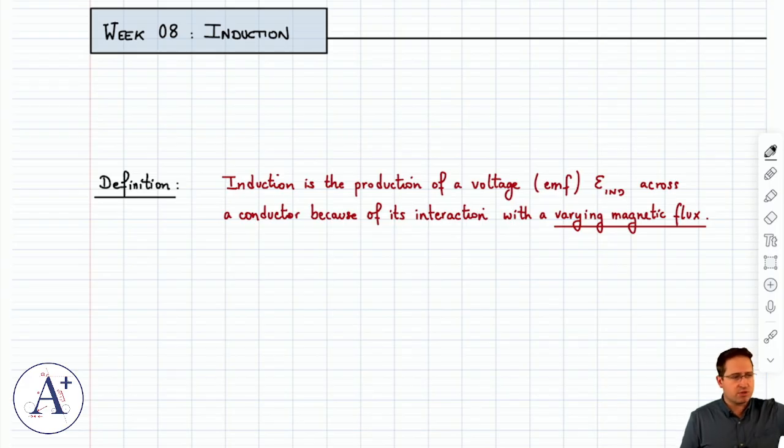Maybe the instruments are over there and you do something here and you go check it out and there's no measurement to be seen because as fast as it appeared, the phenomenon is now gone. So induction is something that took a while to be stumbled upon, and it's not very intuitive why either moving a conductor through a magnetic field or having a conductor sit in a magnetic field that changes with time would cause a current, but yet it does.